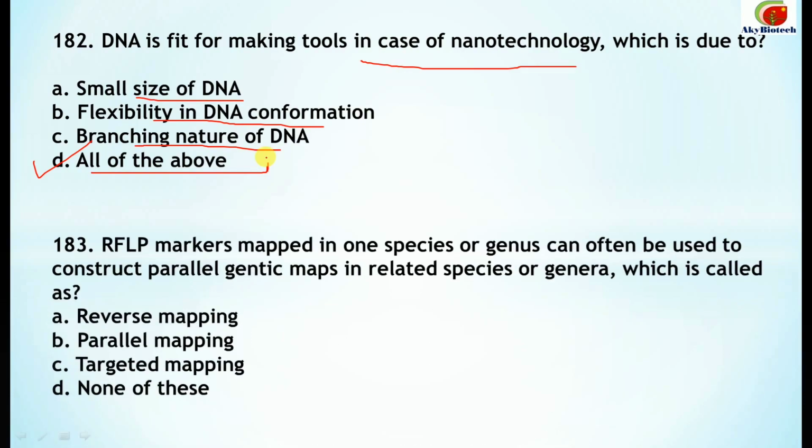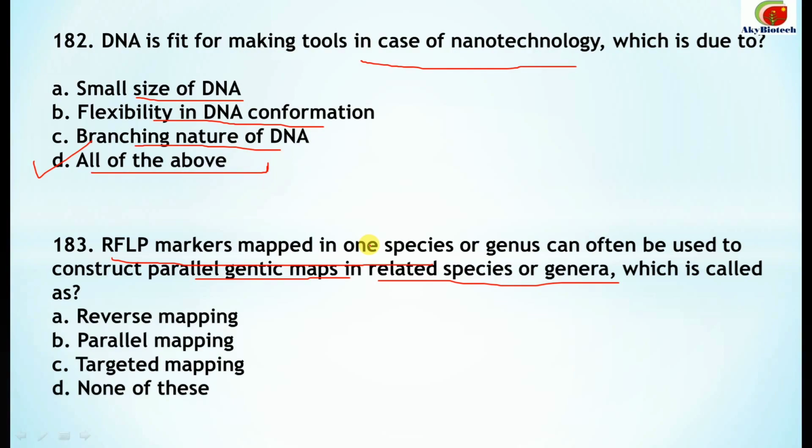Number 183. RFLP, restriction fragment length polymorphism markers mapped in one species or genus can often be used to construct parallel genetic maps in related species or genera, which is called as, so this technique is called as, with the help of RFLP being used in one species, it is used to construct the genetic maps in the related species.